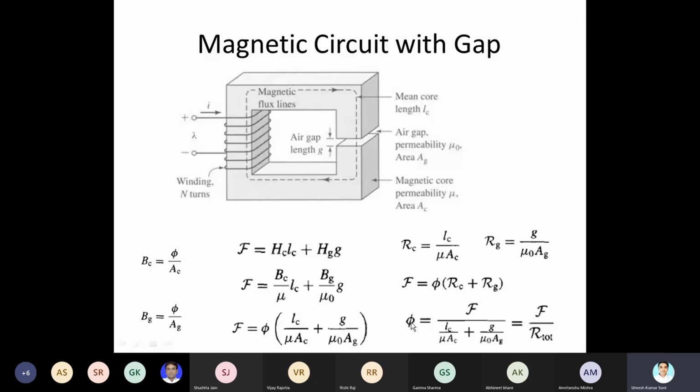So the overall flux can also be calculated as Ni upon the total reluctance. To identify the flux in the magnetic circuit, we can replace MMF by Ni and determine the reluctance of the magnetic circuit.